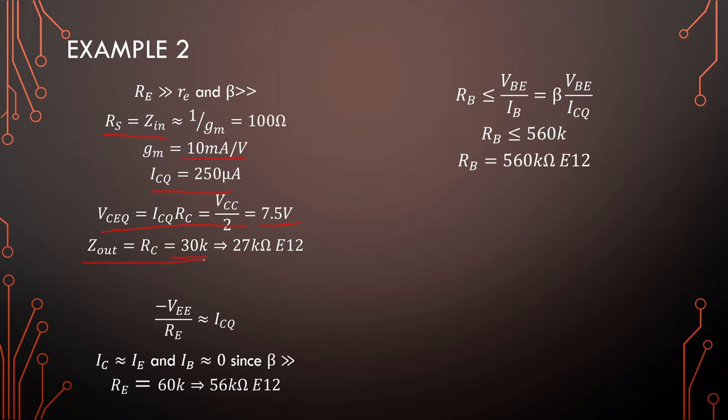Z out RC becomes 50 kilo ohms, and I chose it as 27 kilo ohms. Could have gone with 53 as well. That will boost your gain just a little bit. Doesn't matter in the end. It's all up to you when you're actually designing something.